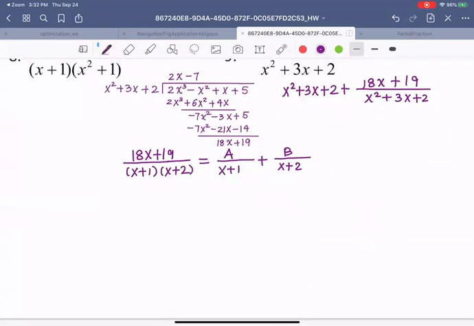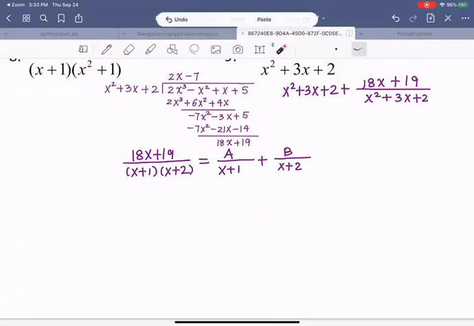Like most students fail. So we times x plus 2 for each side, all right? I don't want to list the system of equations. I'm just doing, I times x plus 2 for each side.